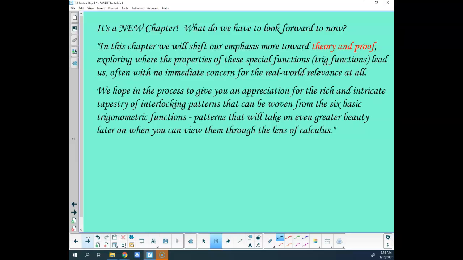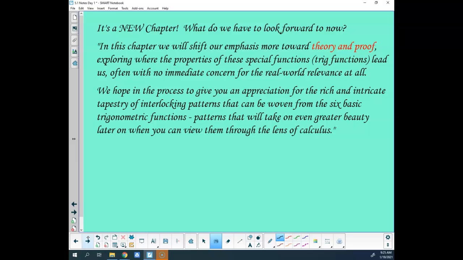We'll explore some properties of special functions of trigs, with no immediate concern for real world relevance. We'll be using formulas and properties, and so we went all Englishy on you.